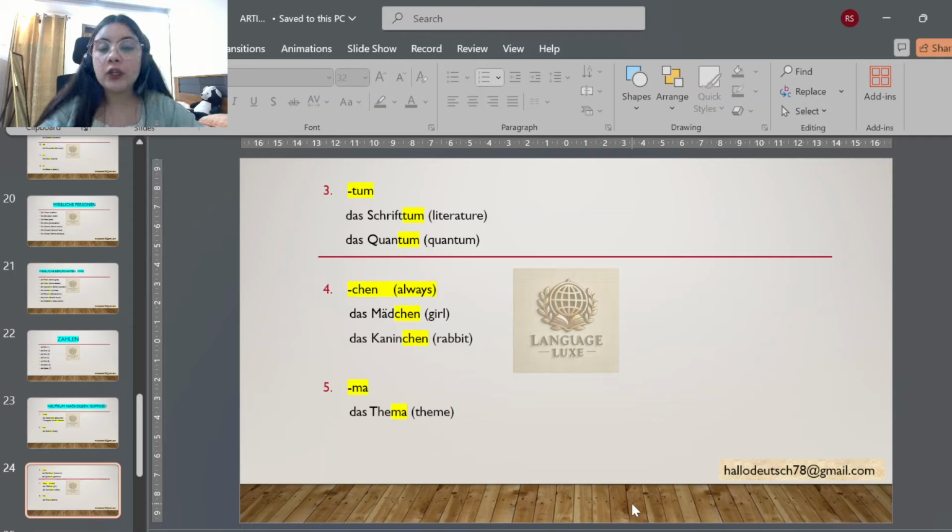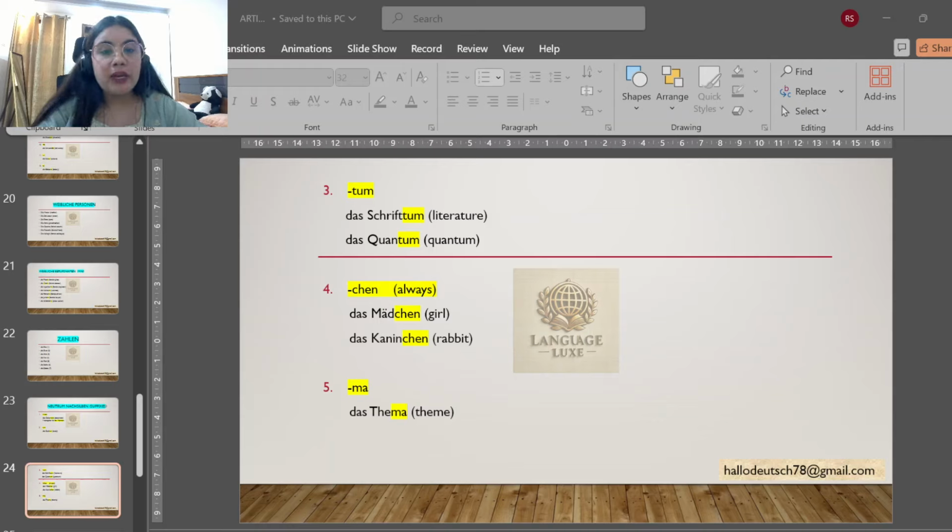Das Schriftum is literature. Das Quantum, so again Neutrum. Then comes -chen. It is always and always your Neutrum. Whenever -chen is coming in the end of any noun, that will be your Neutrum case.